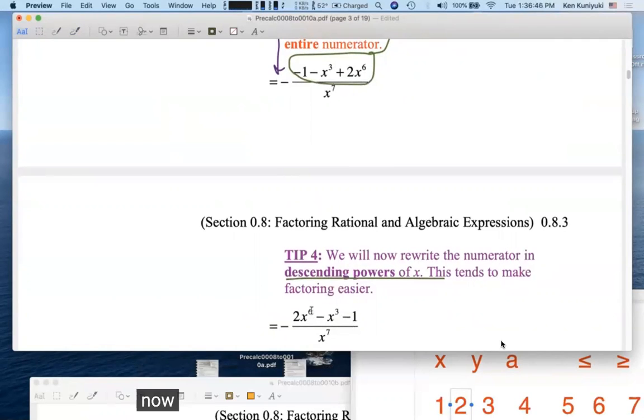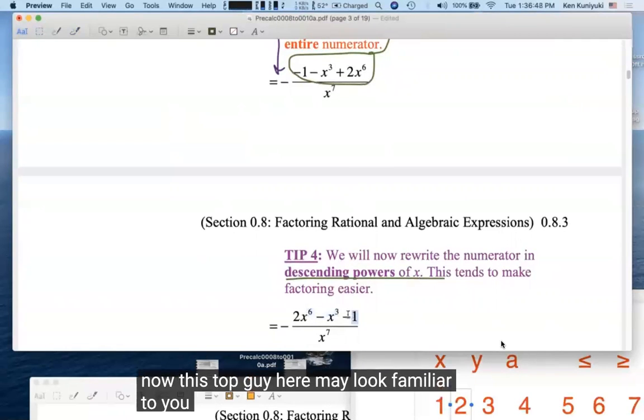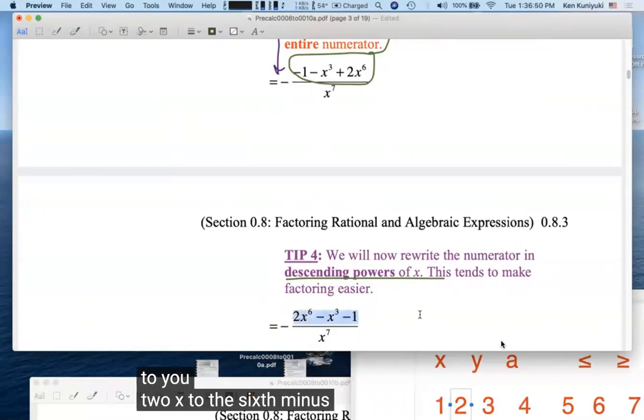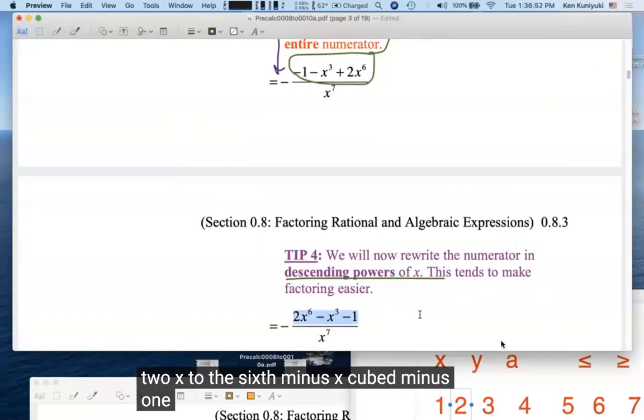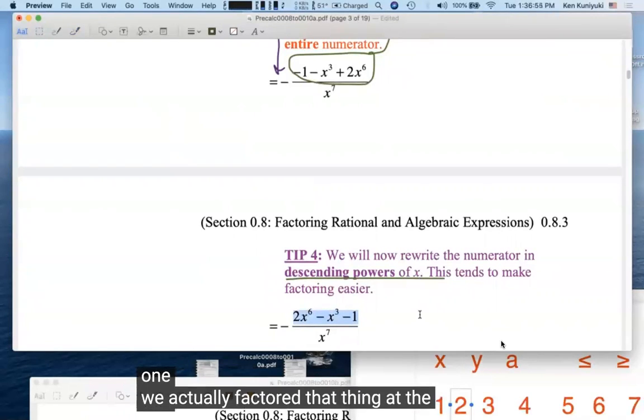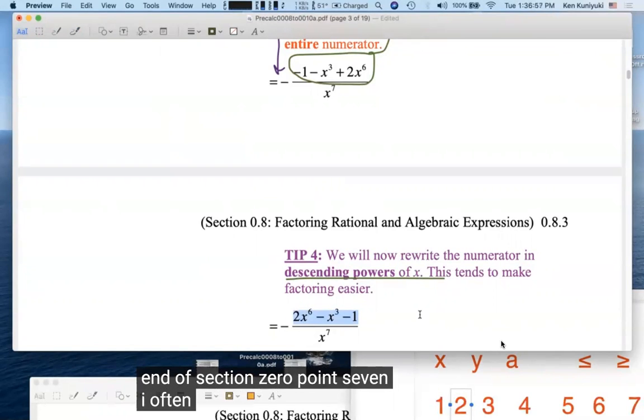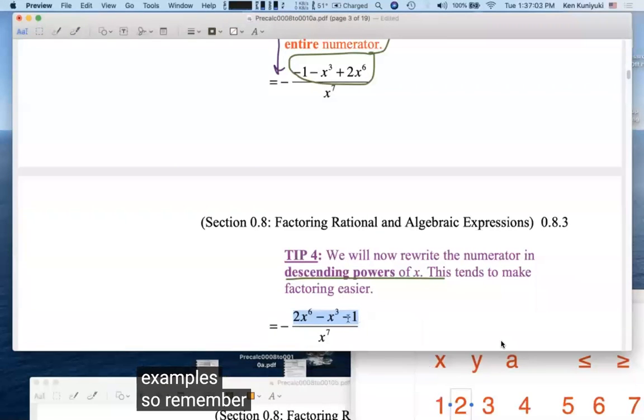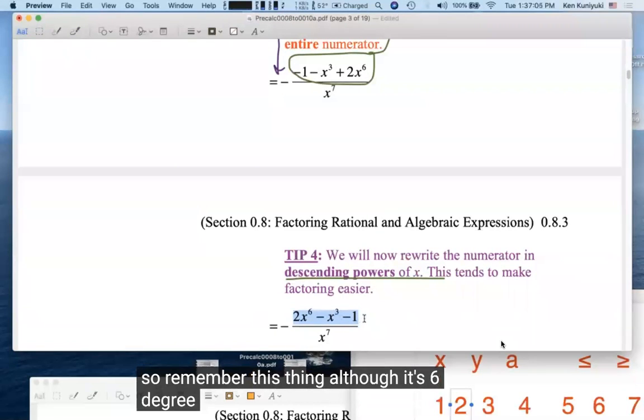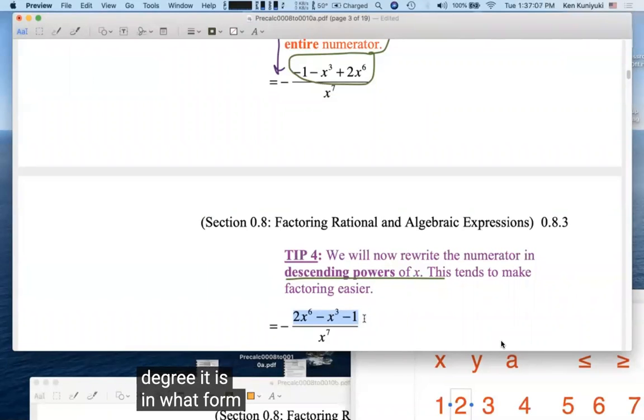Now, this top guy here may look familiar to you. 2x to the 6th minus x cubed minus 1. We actually factored that thing at the end of section 0.7. I often like to pull this kind of stunt in my notes where I refer to previous examples. So remember, this thing, although it's 6th degree, it is in what form? It is in quadratic form.